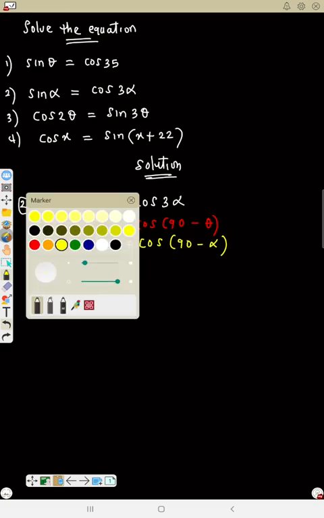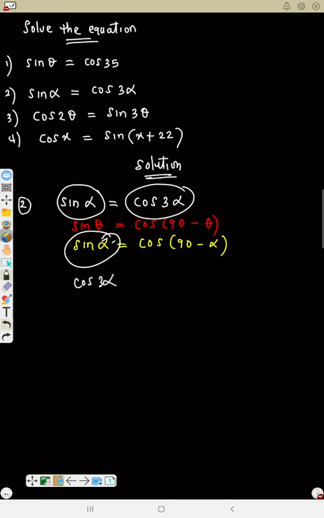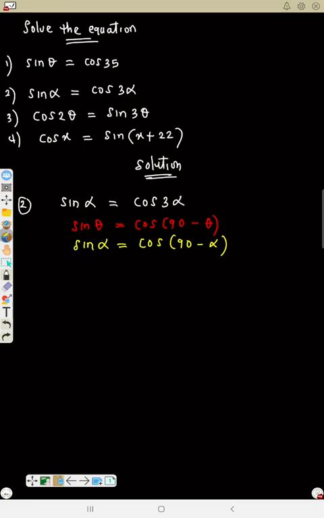So now if you compare the two, sine alpha is this. So instead of writing sine alpha here, I'll write cos 3 alpha. So cos 3 alpha is equal to cos 90 minus alpha.